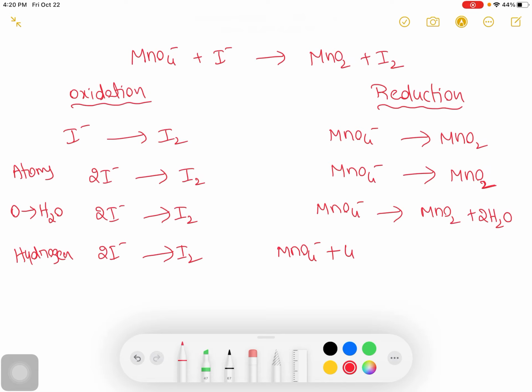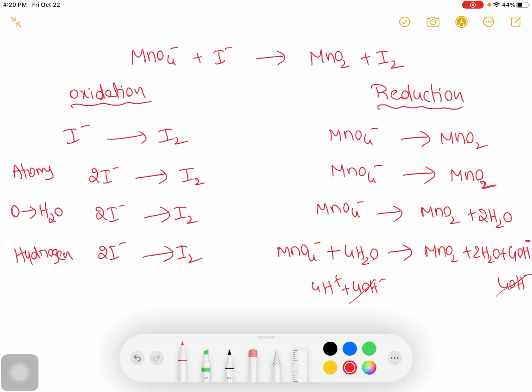But in basic medium, no. So in the place of H plus, we have to add H2O, and on the opposite side the same number of OH minus. See, here indirectly we are adding H plus. H2O is a combination of H plus and OH minus, and on the opposite side we added OH minus.